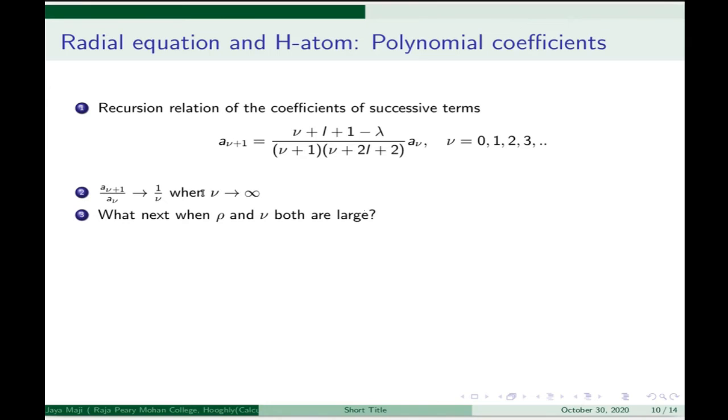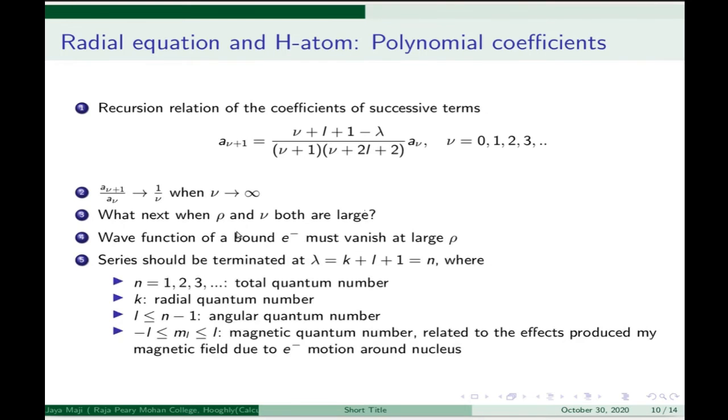So we can say that we are safe here, but the problem arises when rho is large, that is when rho tends to infinity, we encounter a term 0 multiplied by infinity. So what would be the way out to find a finite wave function or the vanishing wave function at the large limit of rho?